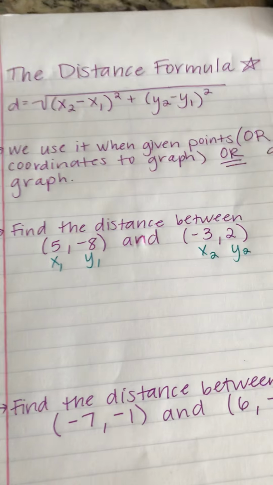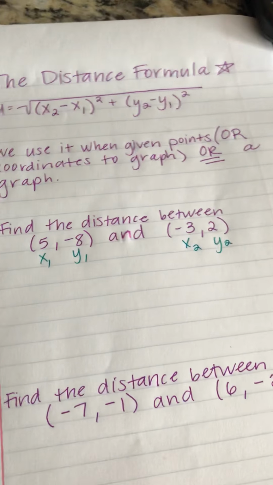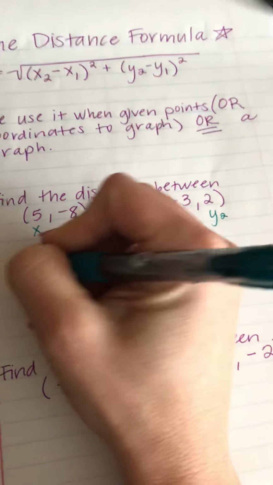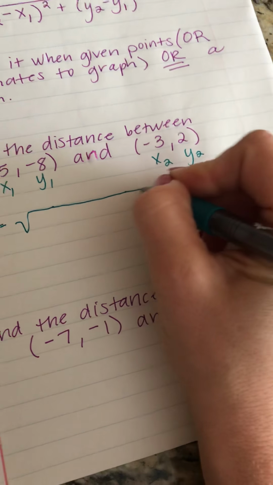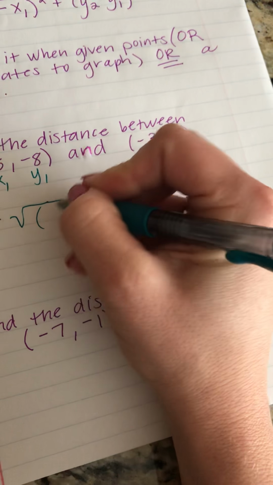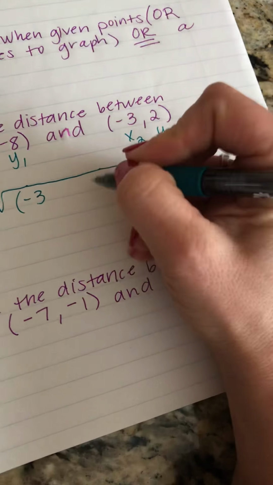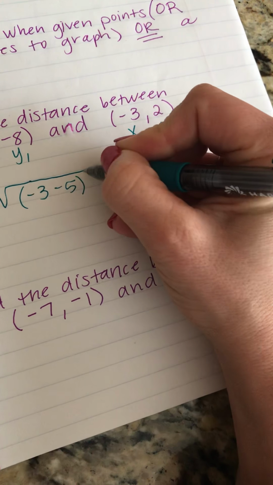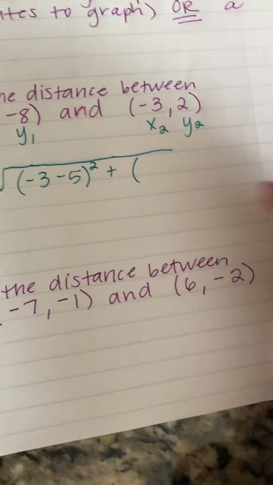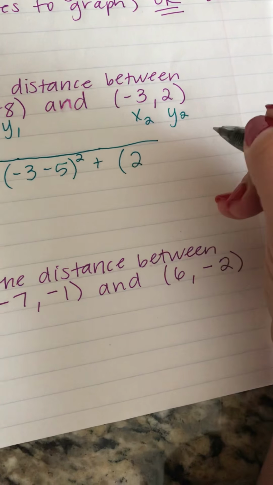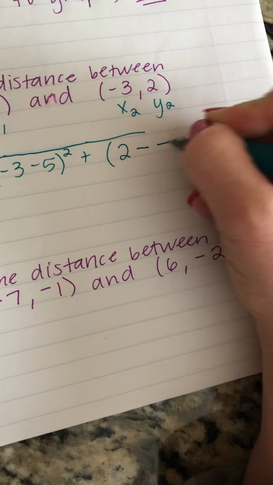When you find the slope, you label your points, the first coordinate and the second coordinate. Now, we're just going to use the distance formula, which says we're going to take the square root of the quantity x2, which is -3, minus x1, which is 5, and we're going to square that, plus the quantity y2, which is 2, minus -8.